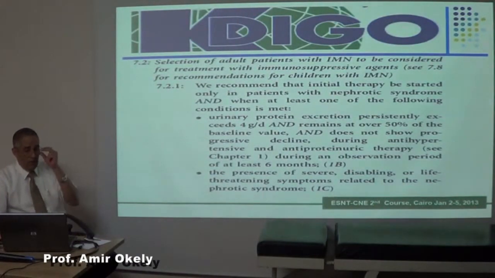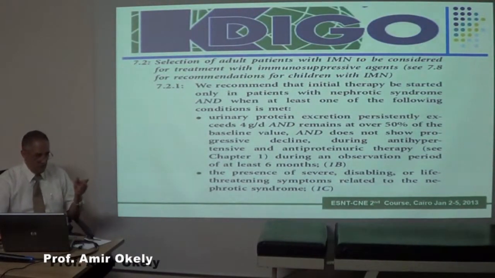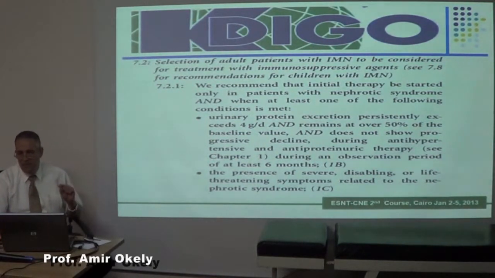What about the KDIGO guideline, which was published in 2012, about selection of patients with idiopathic membranous nephropathy to be considered for treatment? If the patient has urinary protein excretion persistently more than 4 grams, this is the first thing.